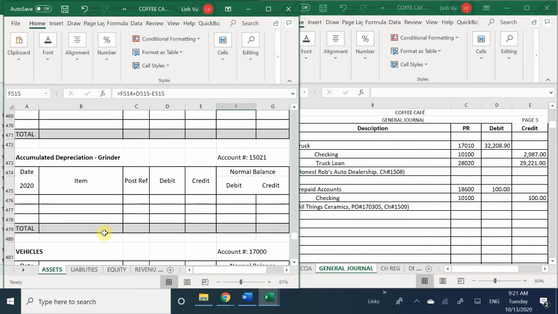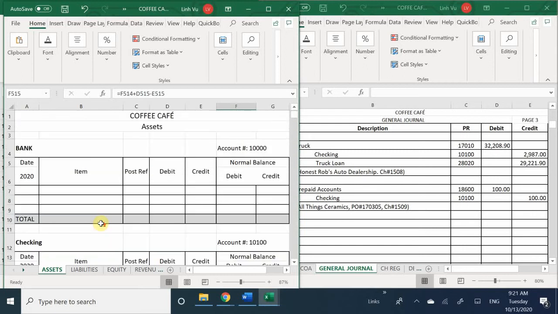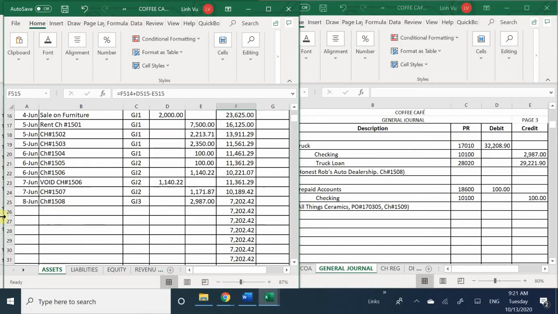Then I'm going to scroll all the way up to my checking account because I did write a check for $100. Check number 1509. General journal number 3.